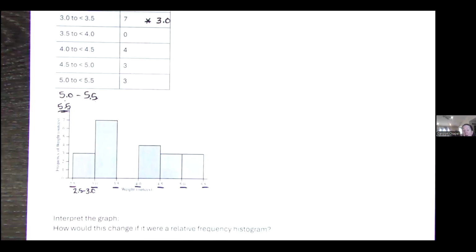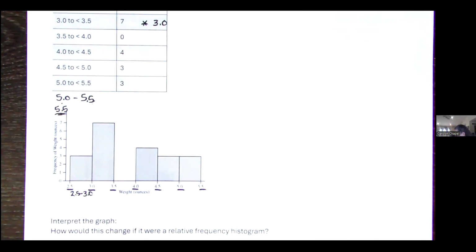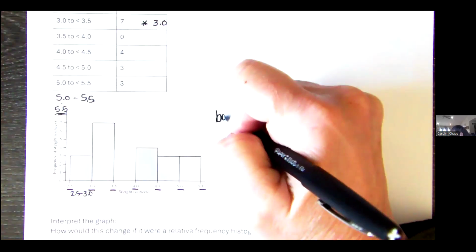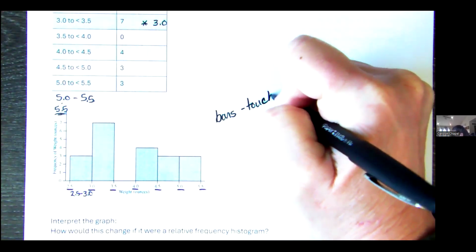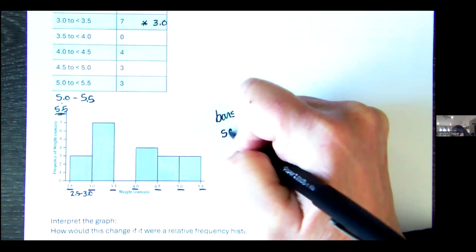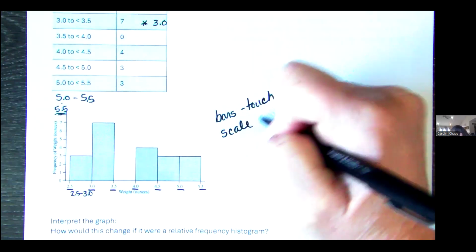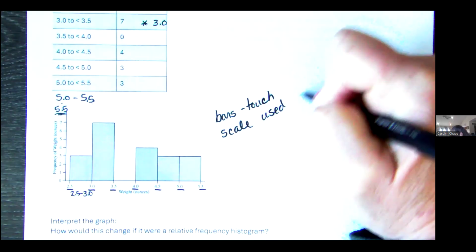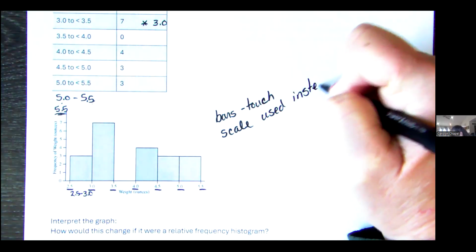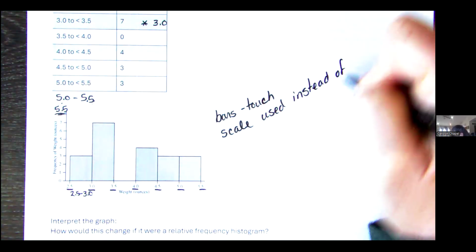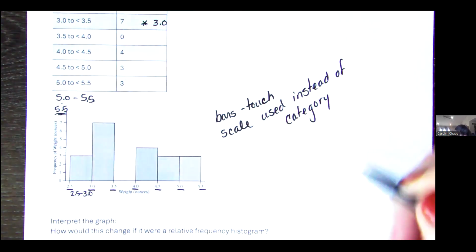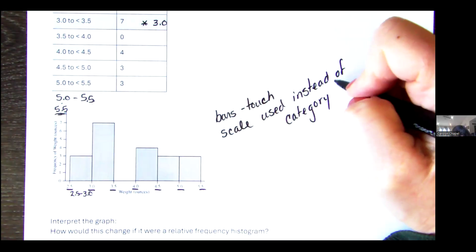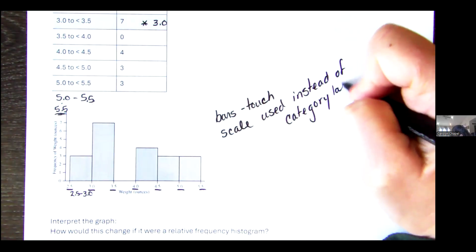And then our bars will actually touch one another. So here our bars are going to touch. And we have more of a scale used instead of categories. Sorry, I would say labels.